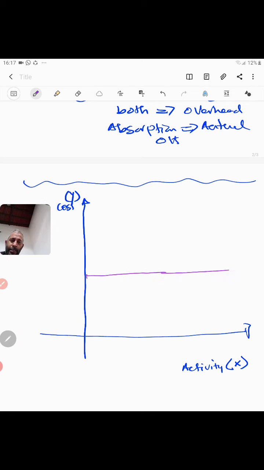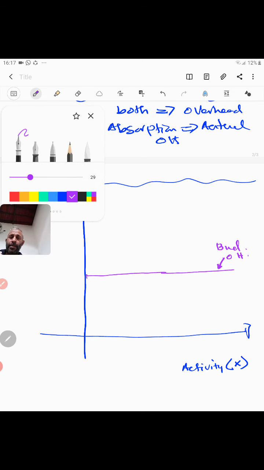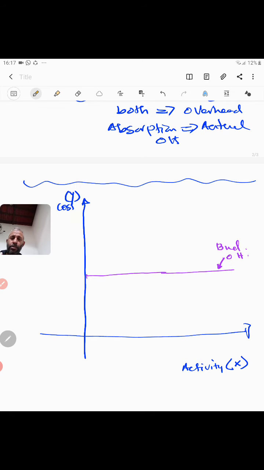Generally, overhead is of a fixed cost nature, so therefore that will move parallel to the x-axis, and I will name it budgeted overheads. And let me draw the actual overhead.